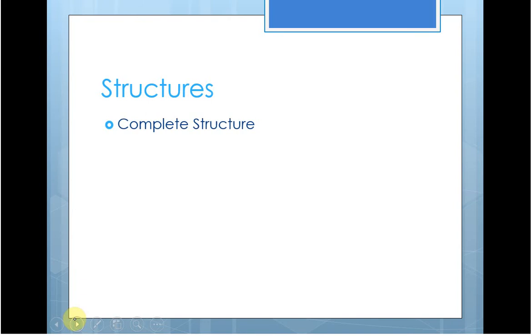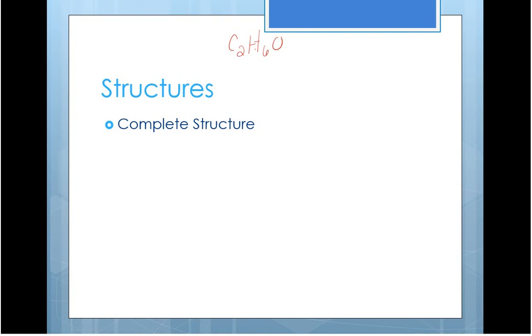Now, when we talk about organic compounds, there's a few different ways to give information. So, for example, we could talk about C2H6O.